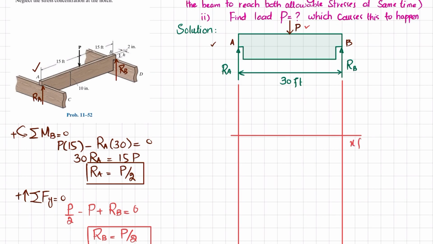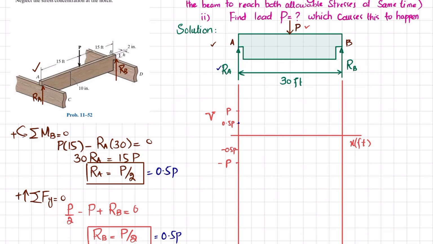So X will be in feet, and here we will draw the shear force V. Let this division be equal to 0.5 P. This is P, this is minus 0.5 P, and this is minus P. At point A we have RA, which is 0.5 P, because P by 2 is 0.5 P, and RB is also 0.5 P. So your first point is this.